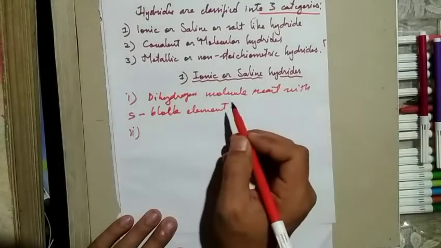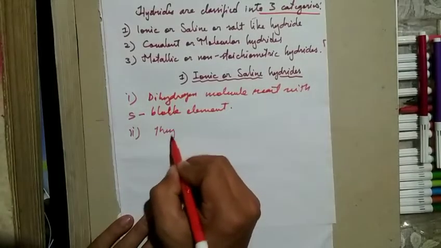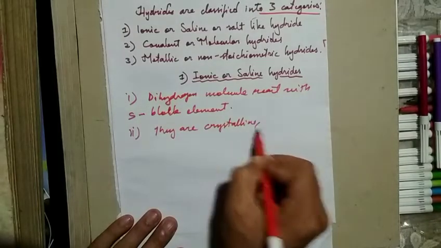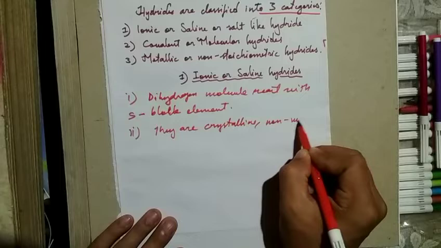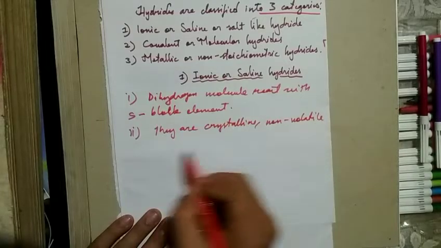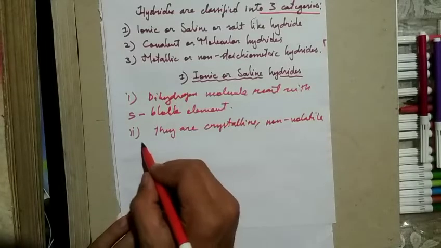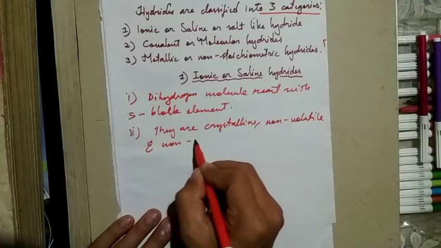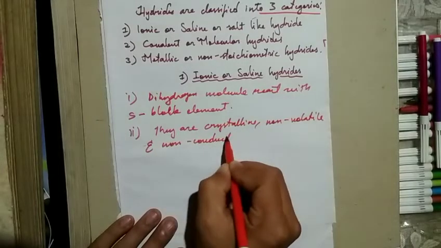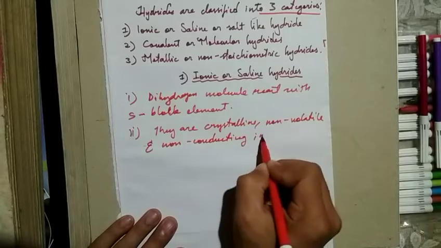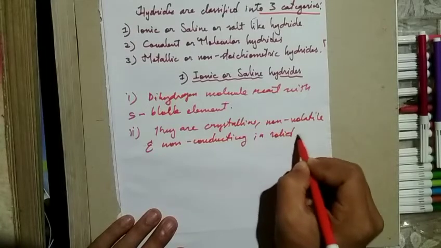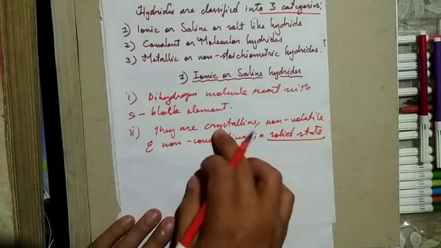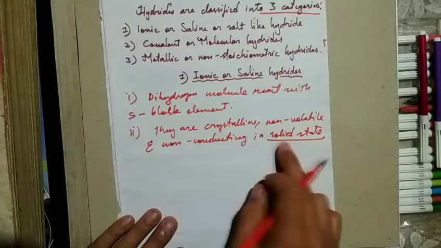So ionic hydrides are crystalline, non-volatile. Non-volatile means they do not evaporate easily, and non-conducting in solid state. Please remember: in solid state, they are crystalline, non-volatile, and non-conducting.